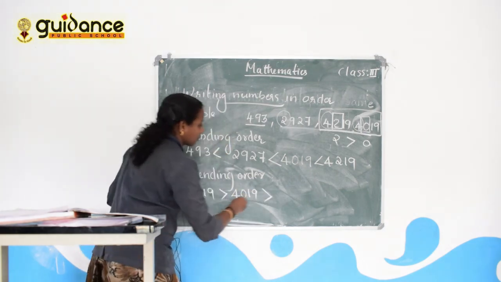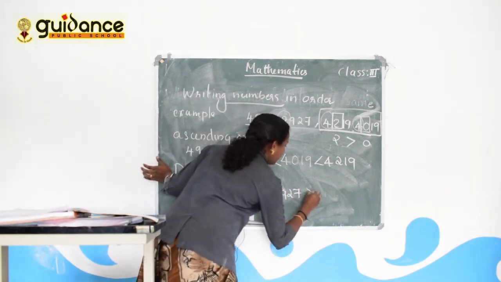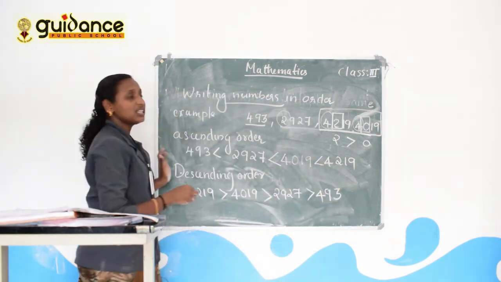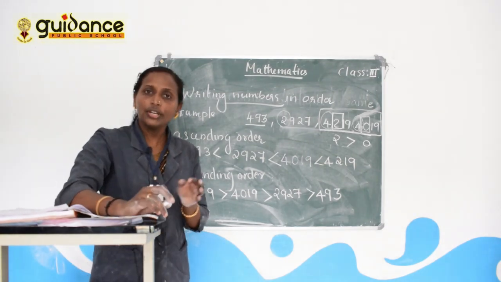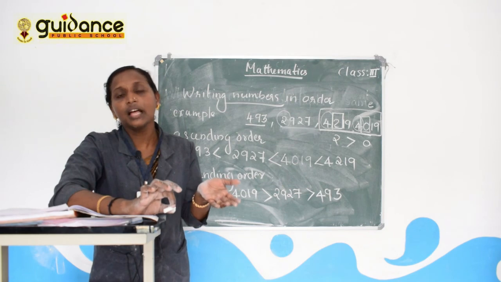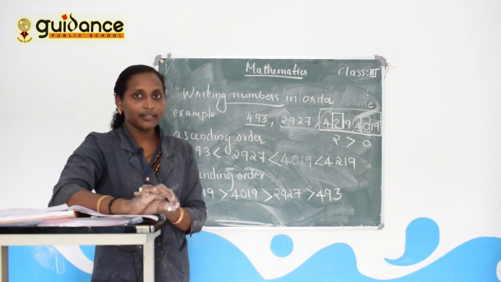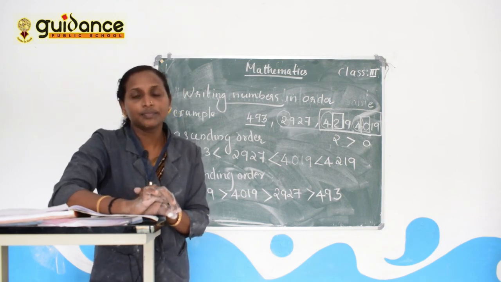Then 2927. Next, 493. So this is the descending order. All of you got it? Today we discussed comparing numbers and also writing numbers in order. Any doubt? All of you clear, sir? Thank you.